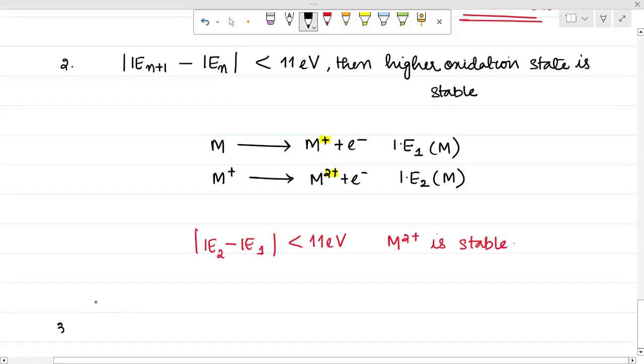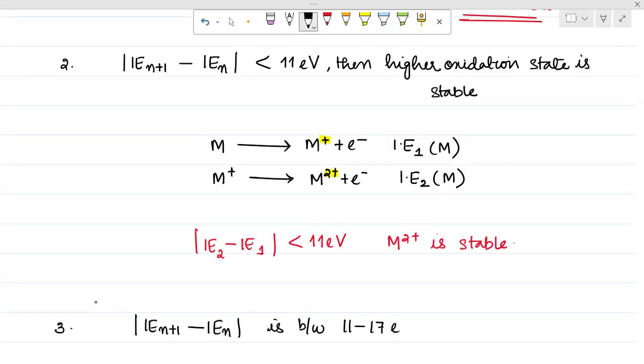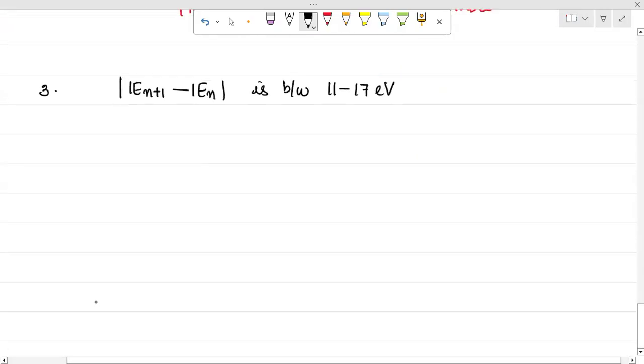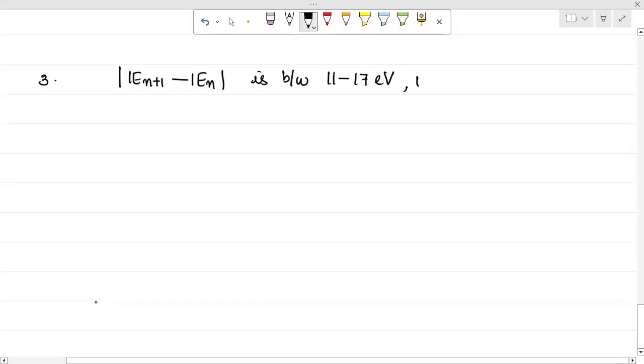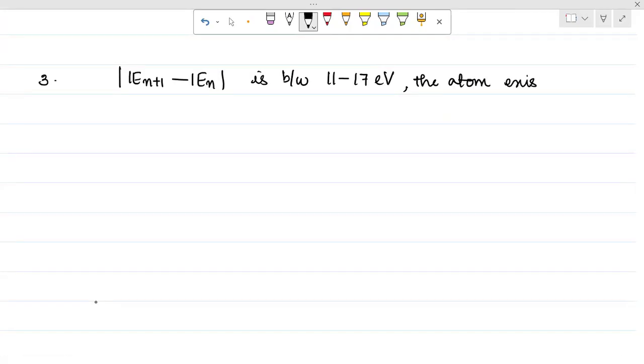Now, third case is between IE N plus 1 minus IE N. You take the modulus and whose value is in between 11 to 17 electron volt, it means the atom exists in variable oxidation state.